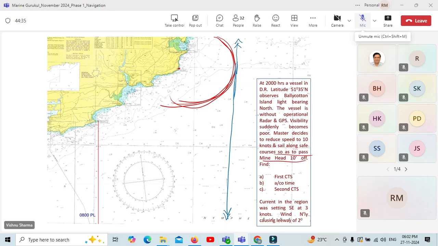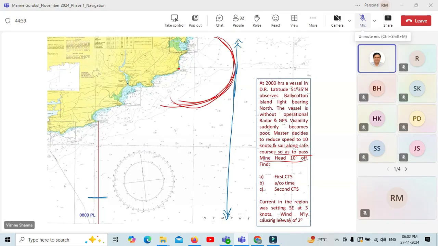Correct? Okay. Now, the vessel's DR latitude was 51 degrees 35 minutes. And of course, the PL here is coinciding with the meridian because it is running north-south.